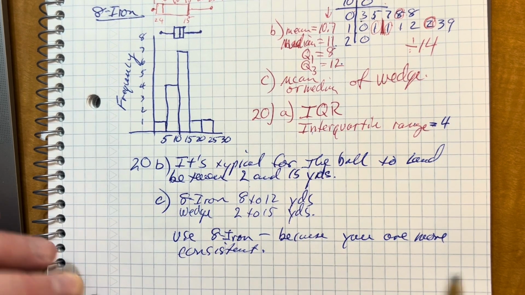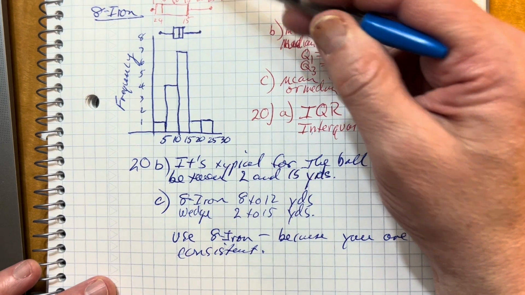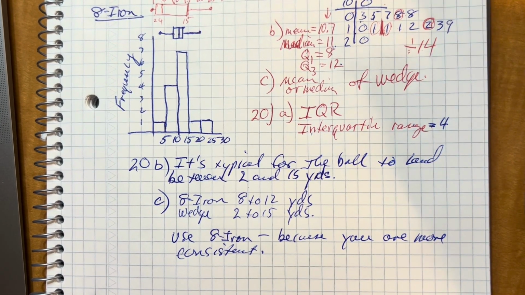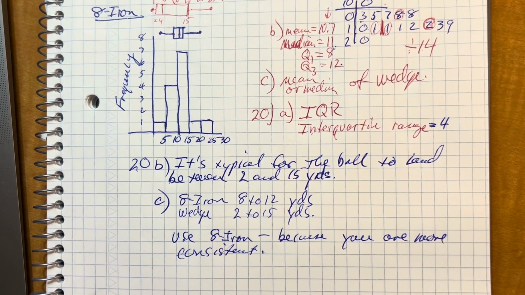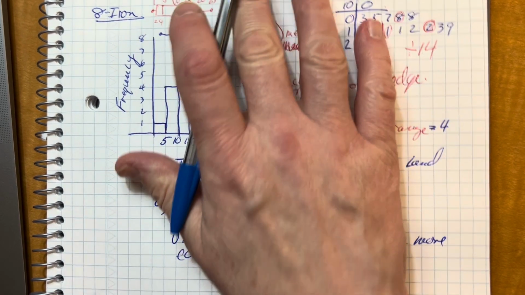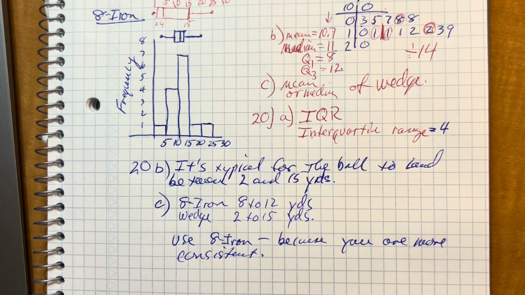But you may choose to say, hey, out of the 10 shots, you landed 5 within 5 feet of the pin. You may say that would work too. So either way, you just need to explain why you would choose what you choose. All right, so hopefully that helps you with number 19 and 20. I'll stop this video and create a new one for number 21.